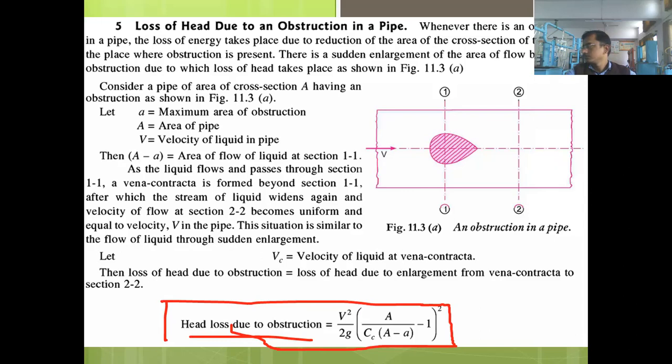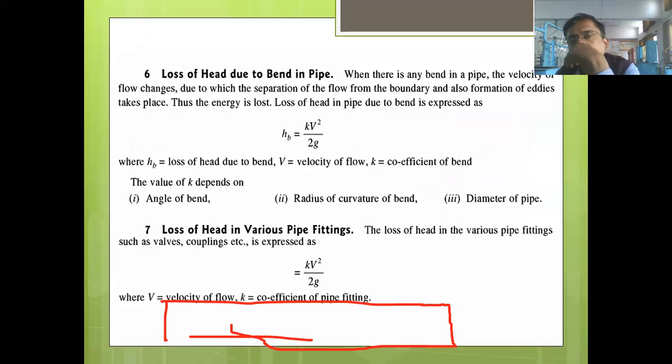Everyone have written this formula? Yes, sir. Write down next, loss of head due to bend in pipe.